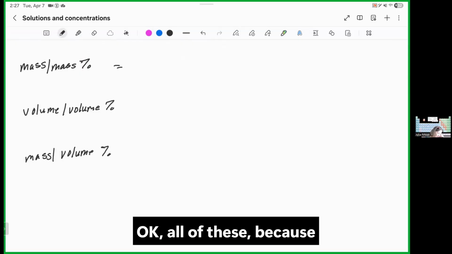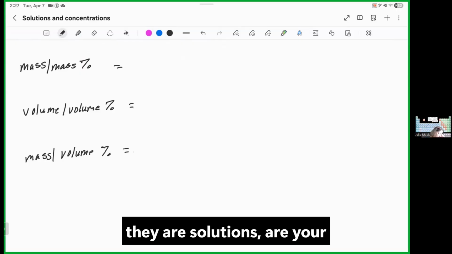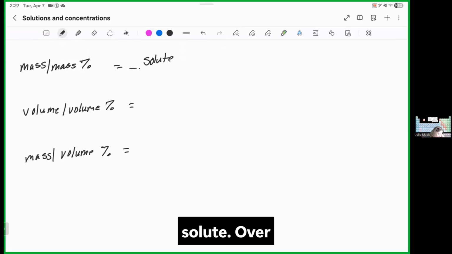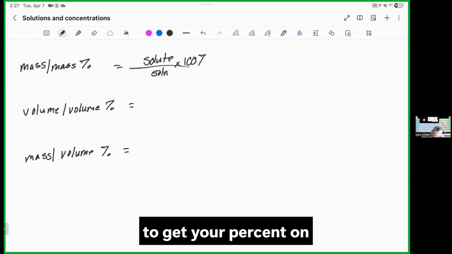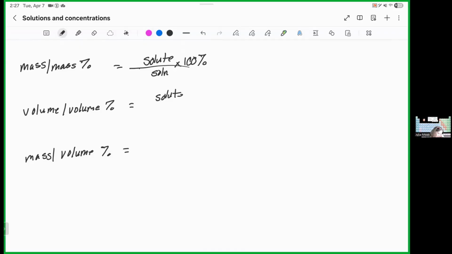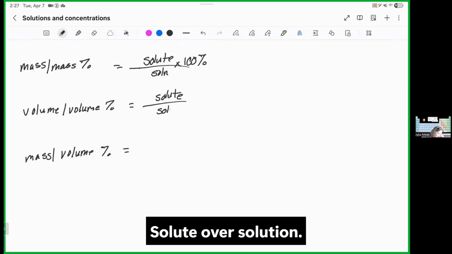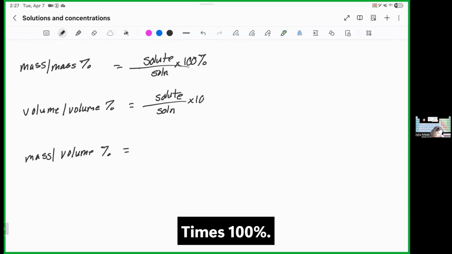Okay. All of these, because they are solutions, are your solute over solution times 100 to get your percent. Solute over solution times 100%.